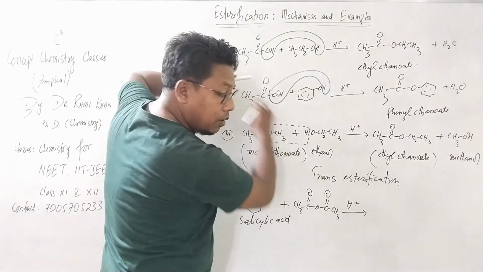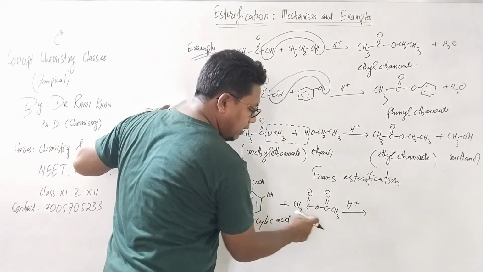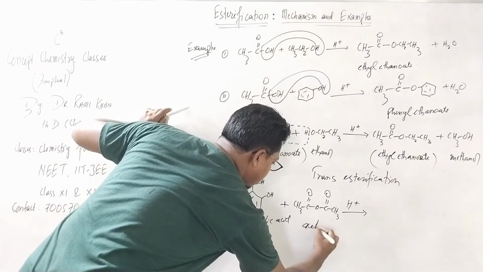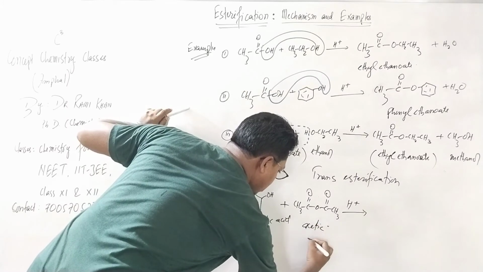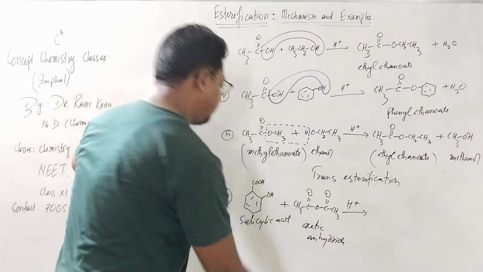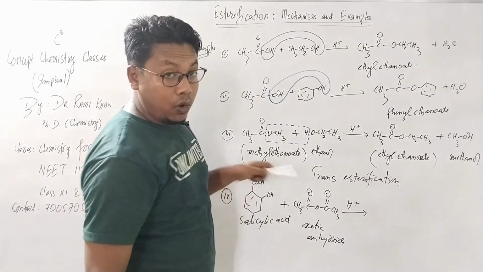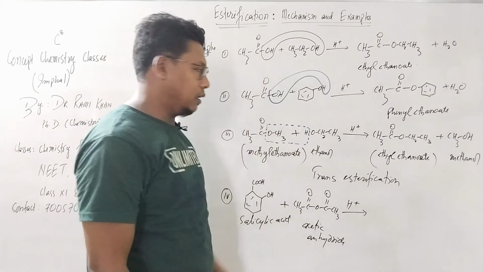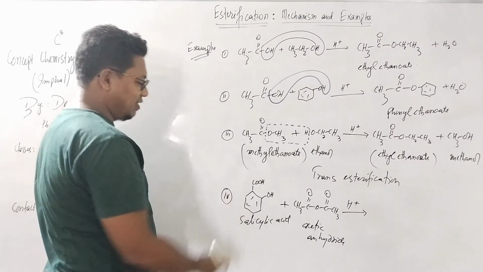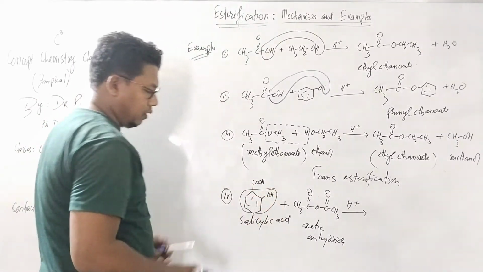I have changed the position actually. This is acetic anhydride and it is a derivative of carboxylic acid. This is acetic anhydride, and this is acting the role of alcohol here, right? The role of alcohol is played by this salicylic acid. In fact, this is the alcoholic part, right?